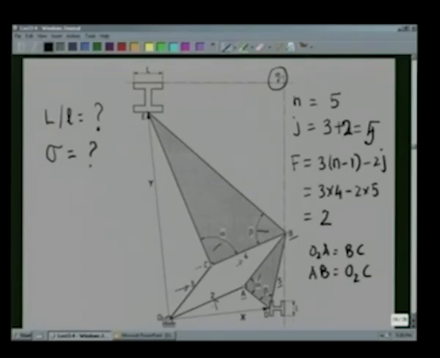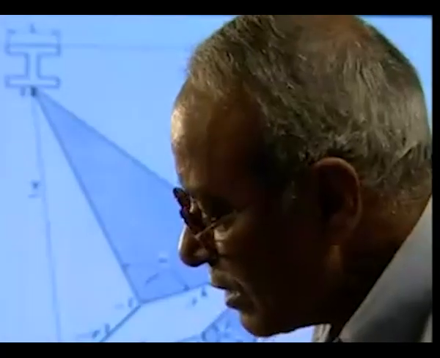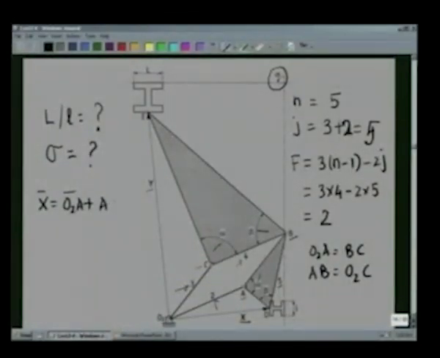Suppose the position of the point D is represented by this vector x, and the position of the point E is represented by the vector y. What we can see, we can easily write vector x is vector O2A plus vector AD.